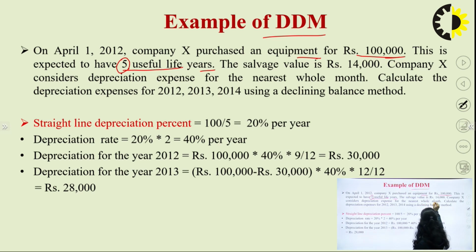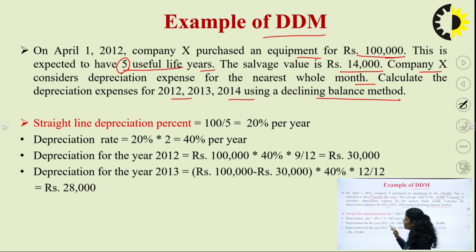The salvage value is given as rupees 14,000, and company X considered depreciation expense for the nearest whole month. Calculate the depreciation expenses for 2012, 2013 and 2014 using the double declining balance method.